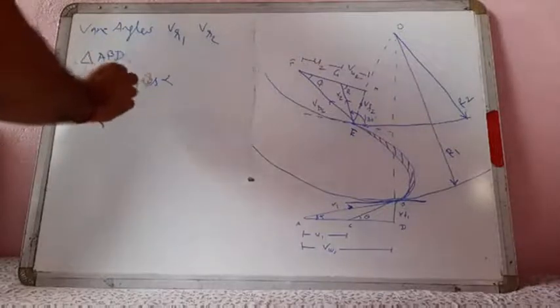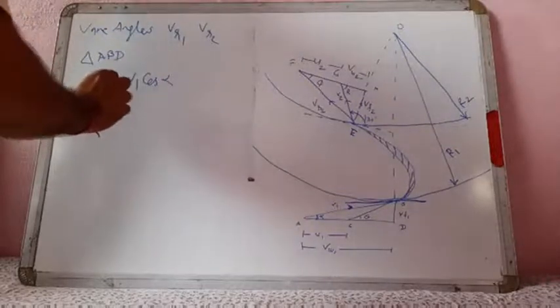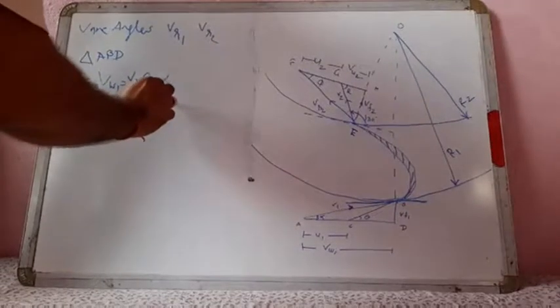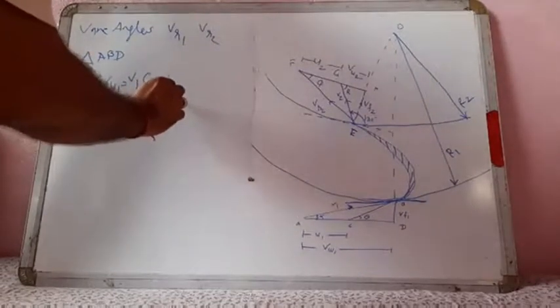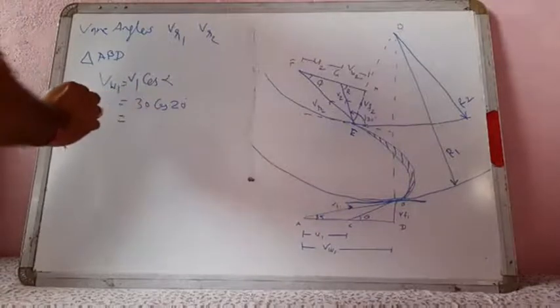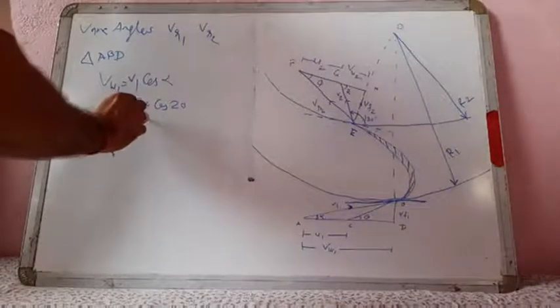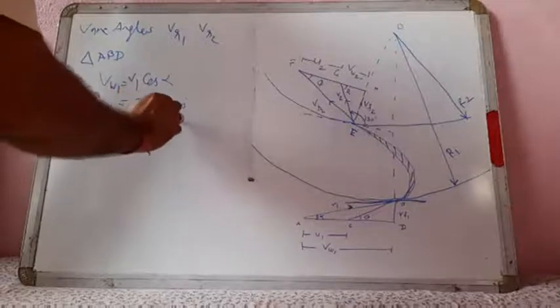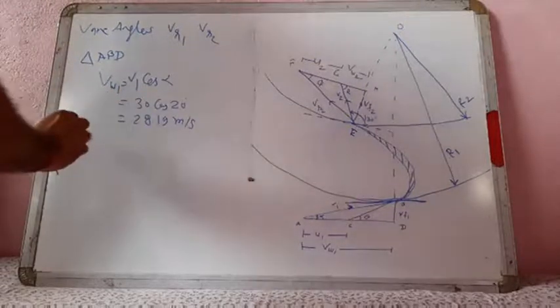Putting the values, V1 is 30 and cos 20, so VW1 comes to 28.19 meters per second.